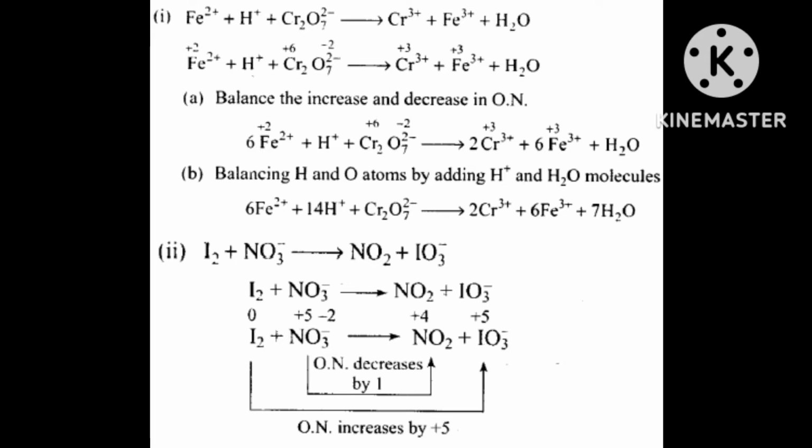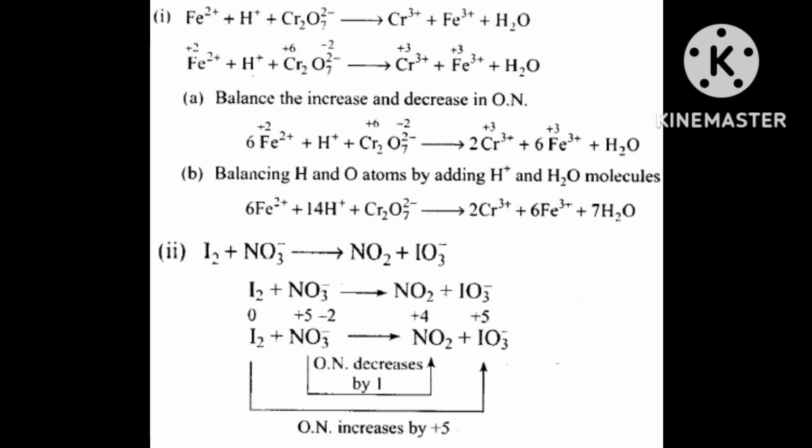Means after writing the formula for each reactant and product, you have to calculate the oxidation number for each atom, for the reactants and also for the products.